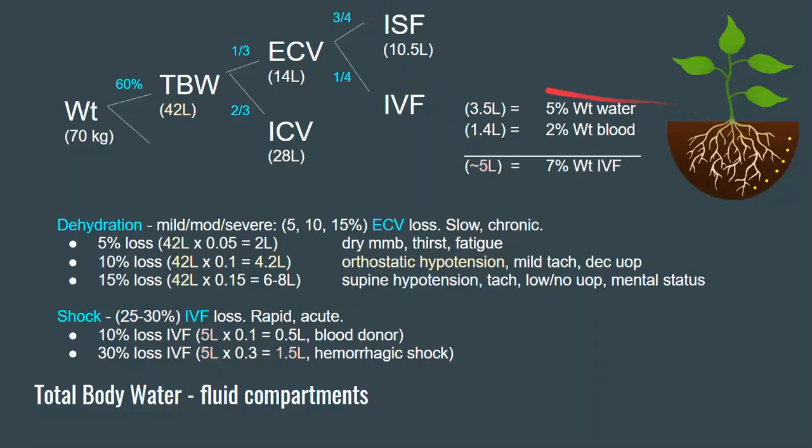So both of these two make up the extracellular fluid compartment, and we can think of the extracellular fluid compartment as like the soil of this potted plant. The plant needs the water. Most of the water when you water a plant is in the soil. Most of the water in the body is in the interstitial fluid.